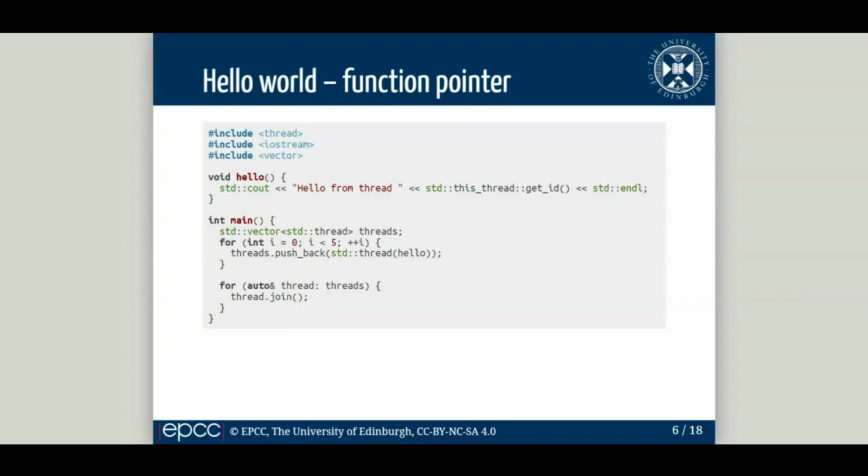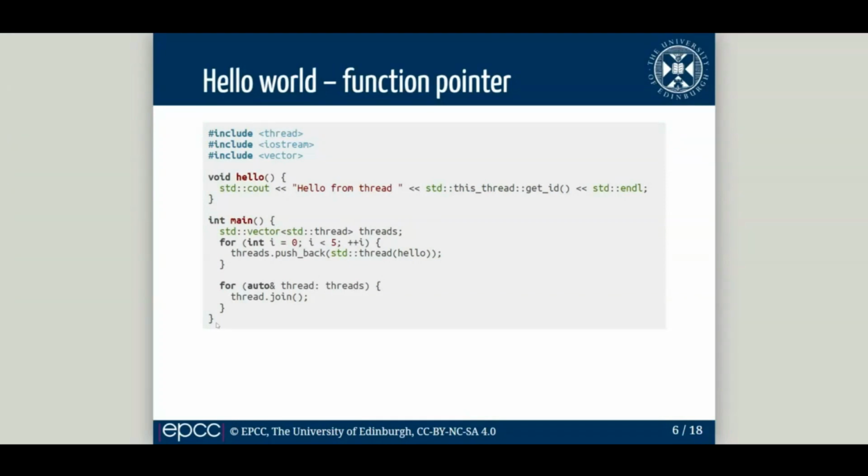The function normally returns void, which means that you don't return anything. And here what you are doing is just printing on the standard output hello from thread, and you can get the thread's ID with get_id. You get the ID of the thread, which is kind of a random number. It doesn't follow any order.